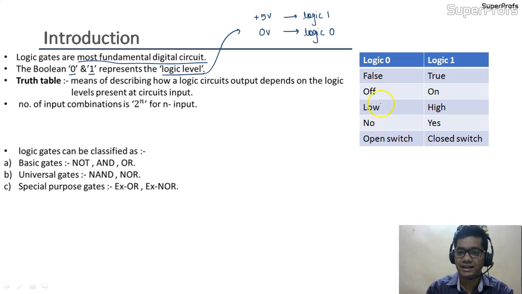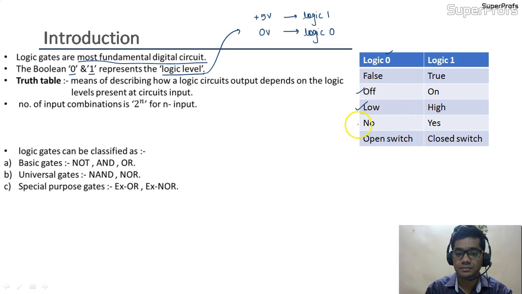So we can see that in this table, logic 0 holds for false condition. If any condition is false in nature, then logic 0 will be applied. If any switching circuit is in off condition, then also we take it as logic 0 or boolean 0. If it is low input or low output, then also we take it as logic 0.